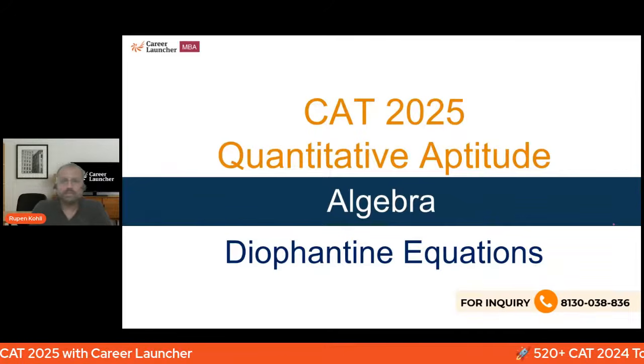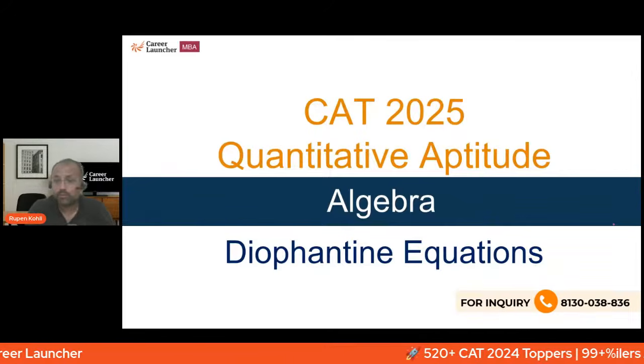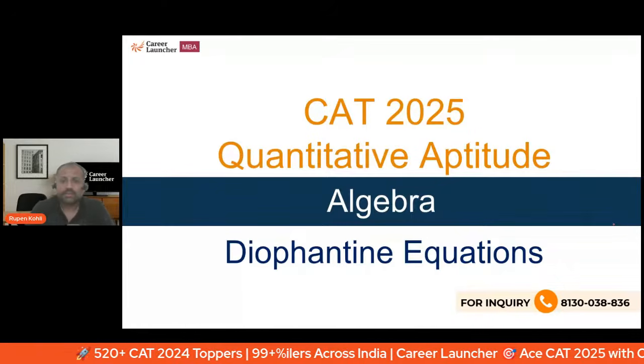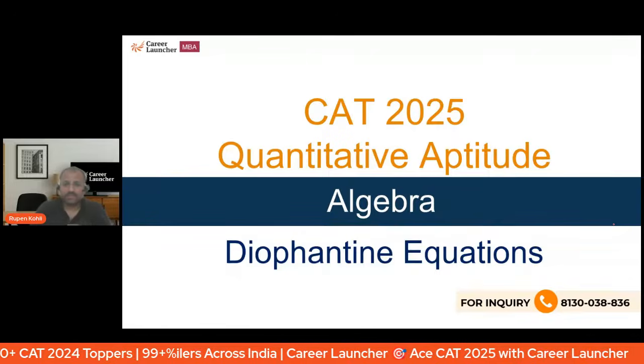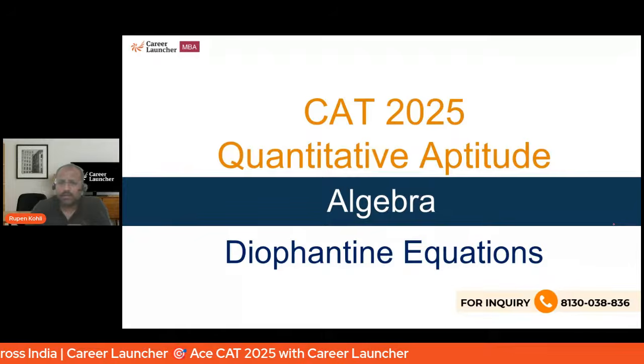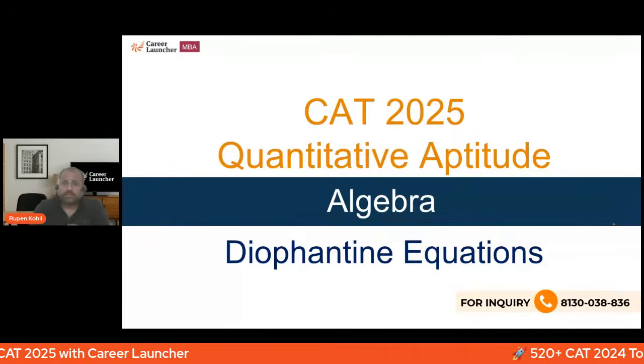So we are back here with the next session on Diophantine Equations, Algebra. I planned a third session because I felt that a lot of scope is there again to deal with different kinds of questions. We have already gone through two sessions. I hope everybody is clear with the agenda, right?